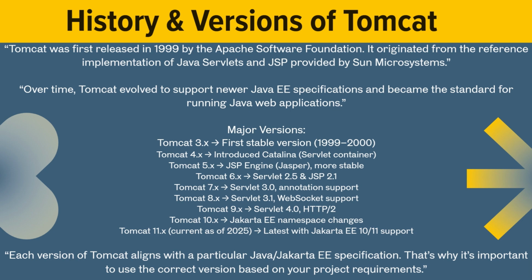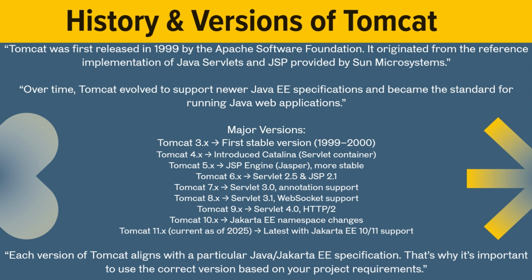The major versions start from Tomcat 3.x to Tomcat 11.x, current as of 2025, and it is the latest with Jakarta EE 10/11 support. Each version of Tomcat aligns with a particular Java EE specification. That's why it's important to use the correct version based on your project requirements.